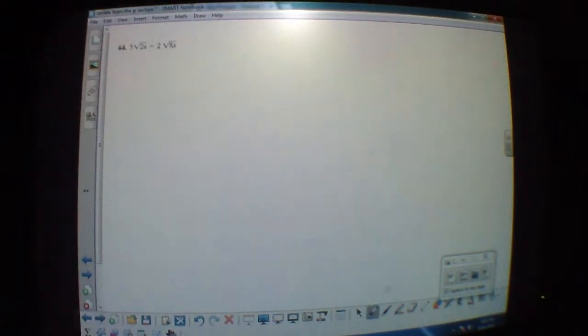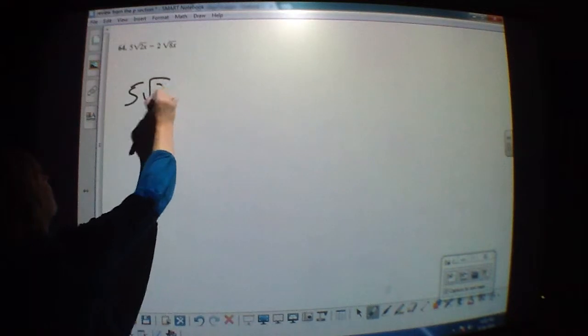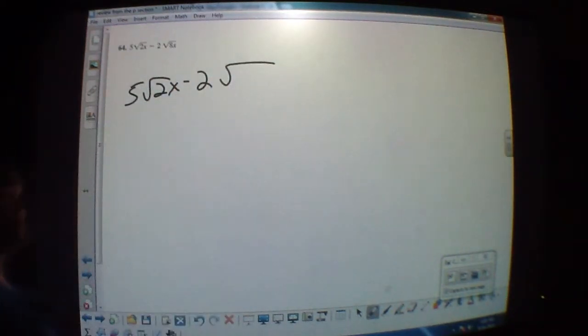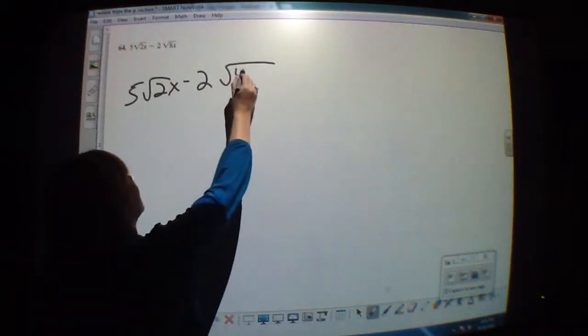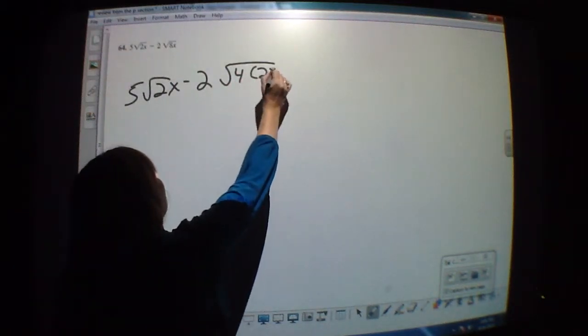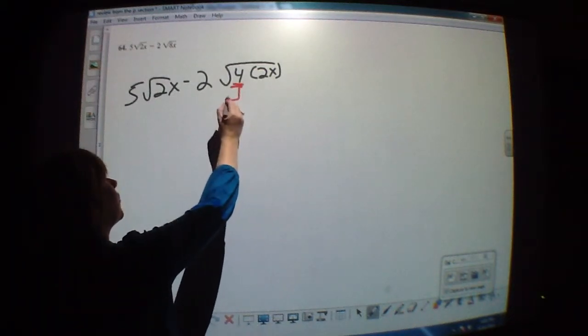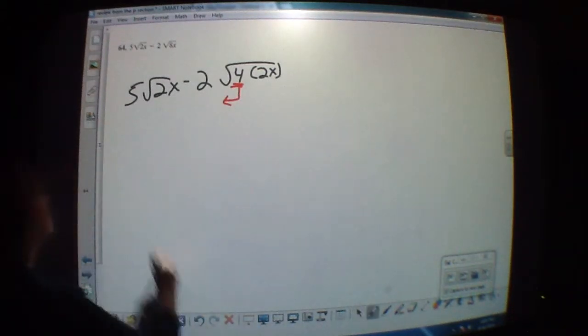Next problem is number 64. 5 radical 2x minus 2 radical 8x. I'm going to write radical 8x differently. I'm going to write it as radical 4 times 2x, because now that perfect square I can bring out as a 2.